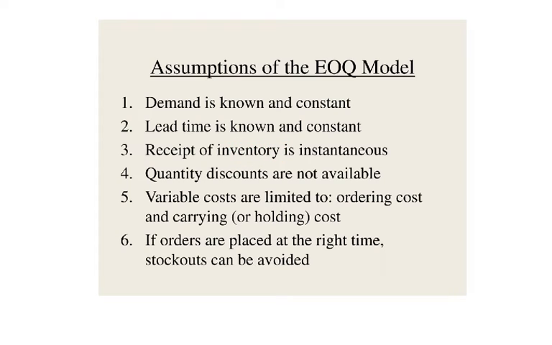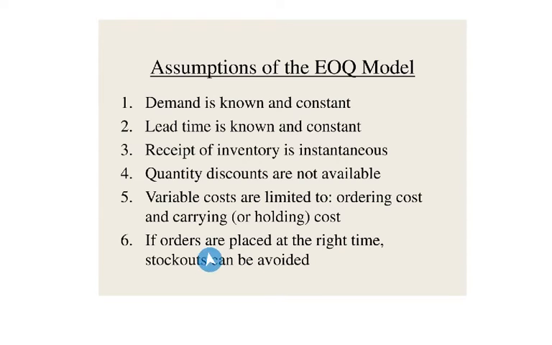The variable costs are limited to the ordering cost and the holding cost. So we are saying there's no other variable cost. We only look at ordering cost and the holding cost. And then we are also saying that if orders are placed at the right time, then stock outs can be avoided.